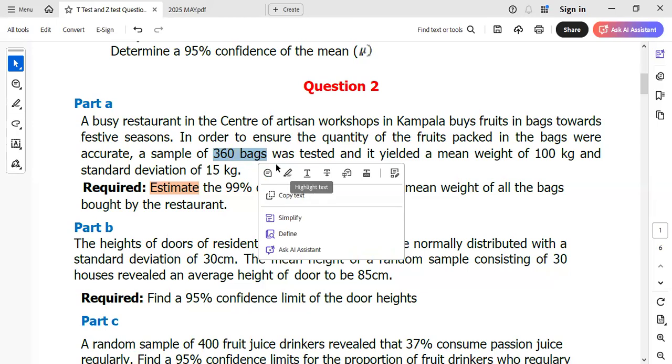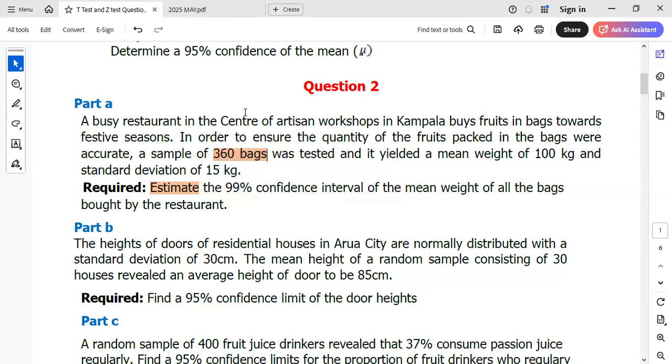What comes into your mind here? You're looking at a sample which is above 30. So you automatically use what? Z test.